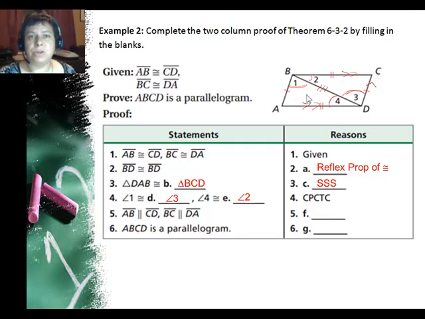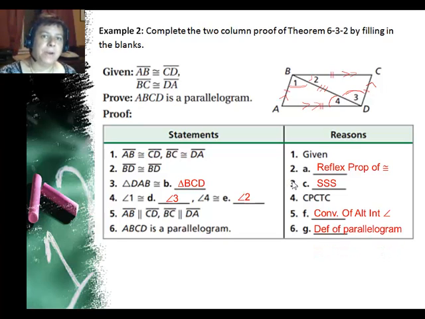Those are alternate interior angles. If my alternate interior angles are congruent, then my lines are parallel. The same thing goes for the other set of lines. Since I use congruent angles to show parallel, that's called the converse. I went backwards in the original alternate interior angle theorem, so it's the converse of alternate interior angles. Well, okay, I have two sets of parallel sides. I just showed that. And if I have two sets of parallel sides, that goes back to the definition of the parallelogram.